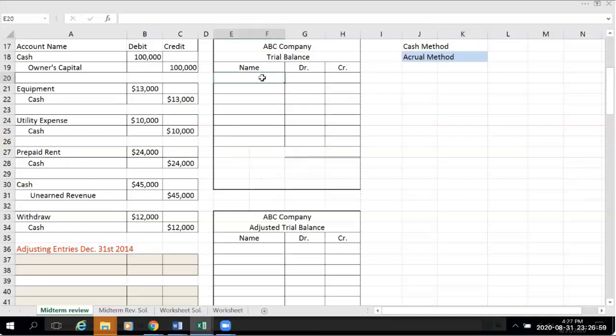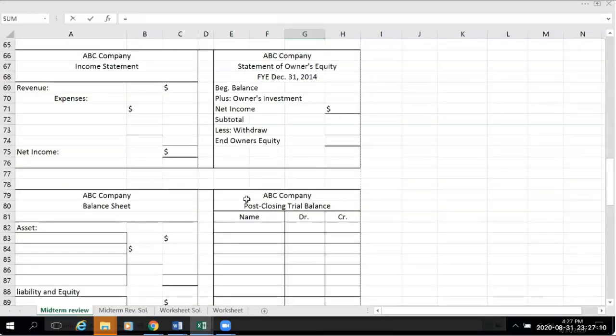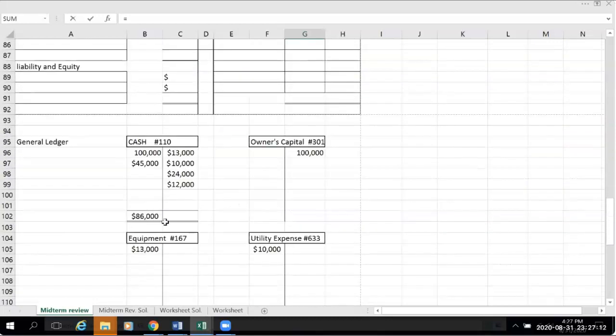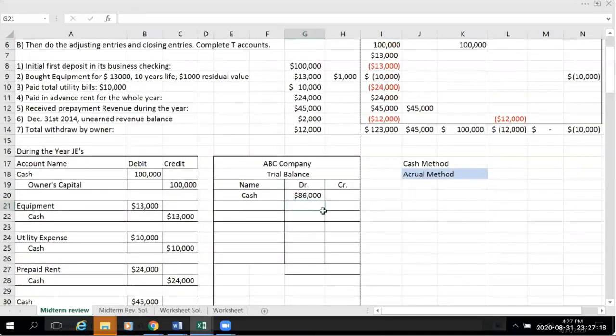Okay, so what do we have? We have cash. How much? Equals to, and here, how much? 86,000. Enter. So the trial balance.